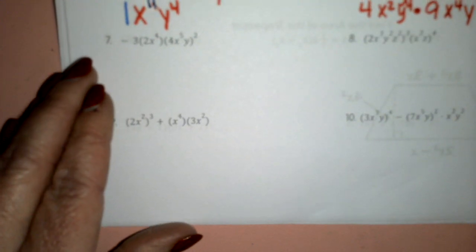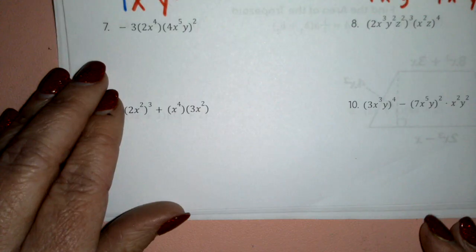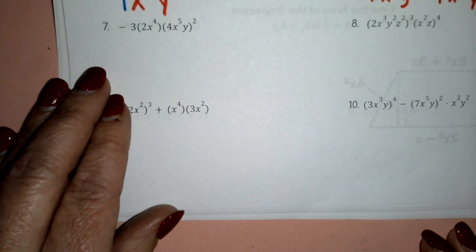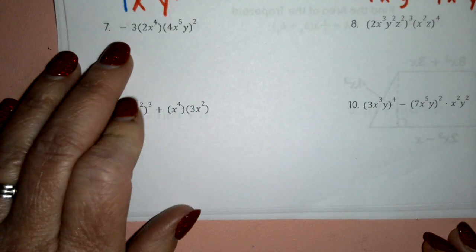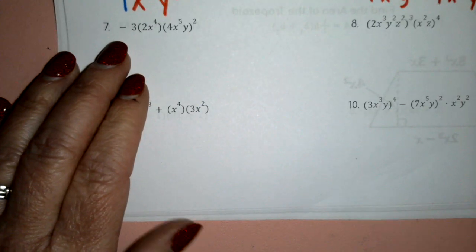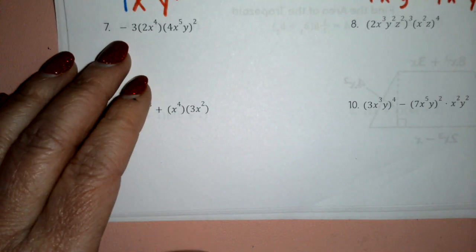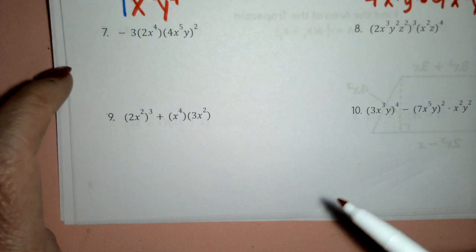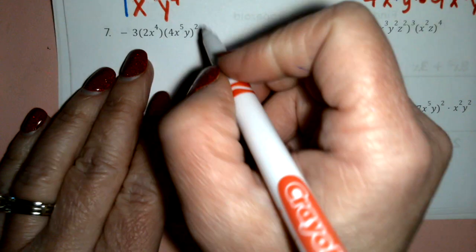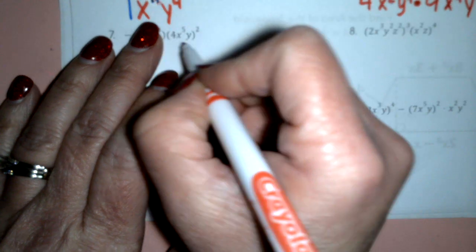Number 7. The first thing that you need to do is to take care of your parentheses. Any parenthesis that has an exponent on the outside, and the only one is this one right here.